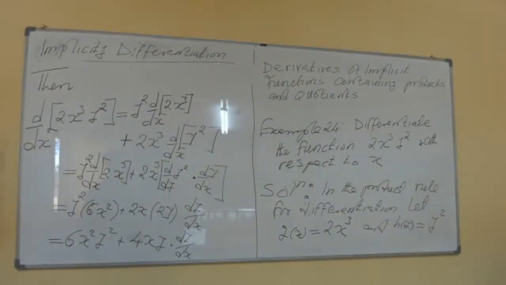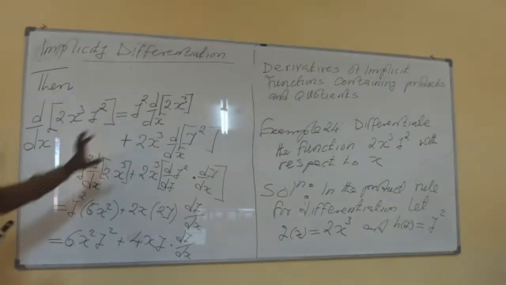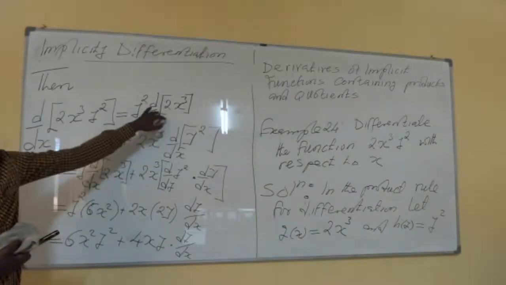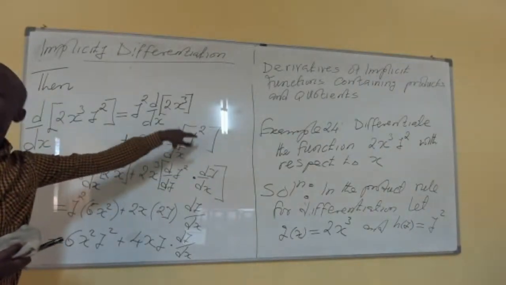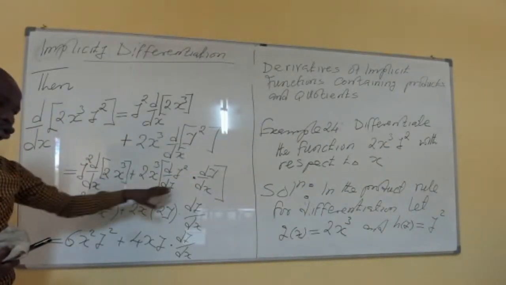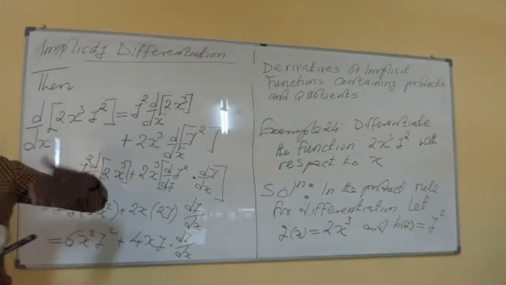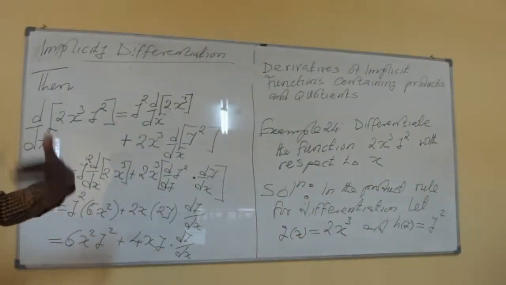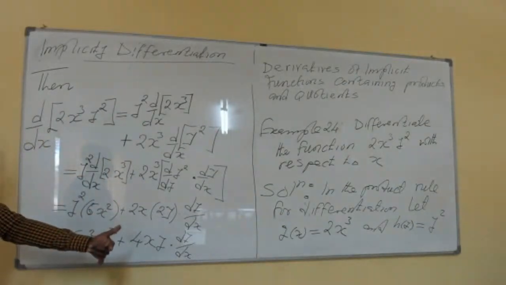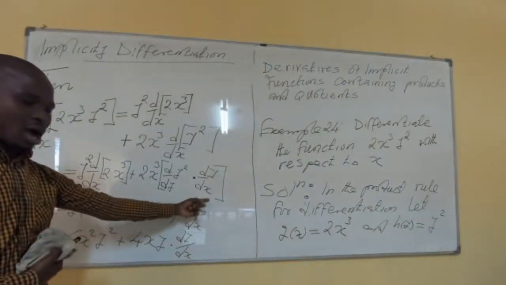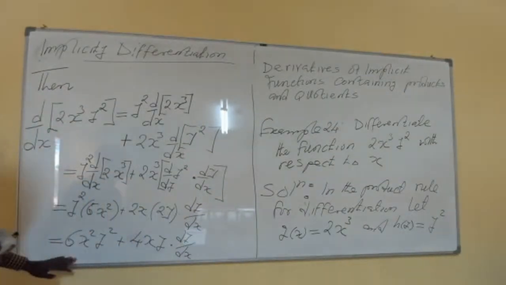We are first applying the product rule, but because y is a function of x, then we apply the chain rule. So you are applying the process twice. First the product rule, then the chain rule, and after applying the chain rule, you arrive at your final answer.